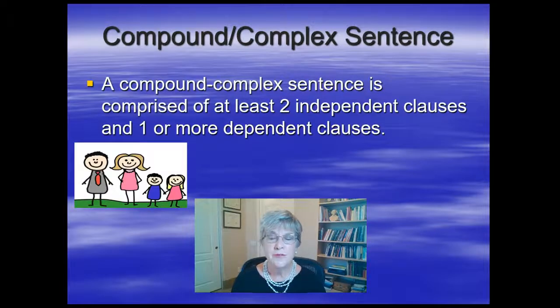A compound complex sentence is comprised of at least 2 independent clauses and 1 or more dependent clauses. I've used the picture of the parents to represent the independent clauses and the children to represent the dependent clauses. I have found that if I have pictures and analogies, I can remember concepts a lot easier.